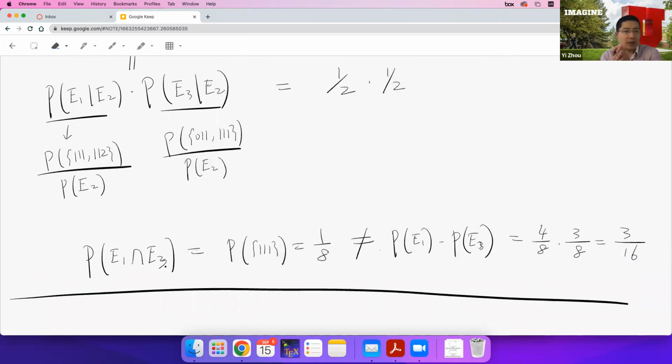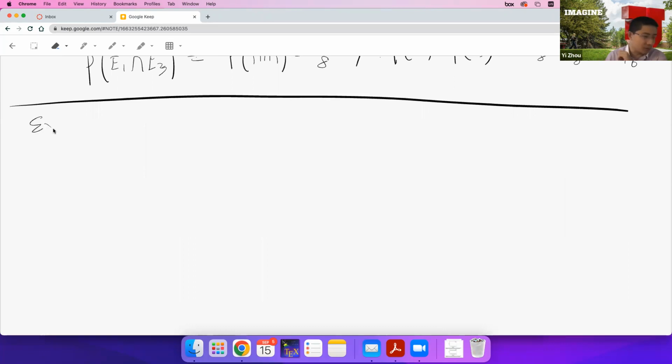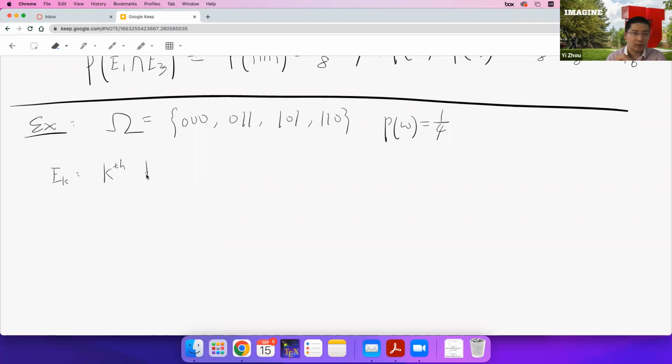It may also happen that two events are independent by themselves, but given the other one, they no longer become independent. I think we can check; we have another example. Again, the outcomes are equally likely, and Ek is defined as the k-th digit is 1.